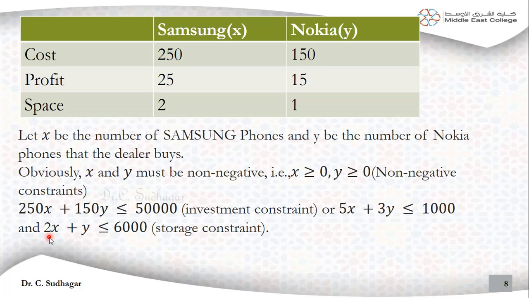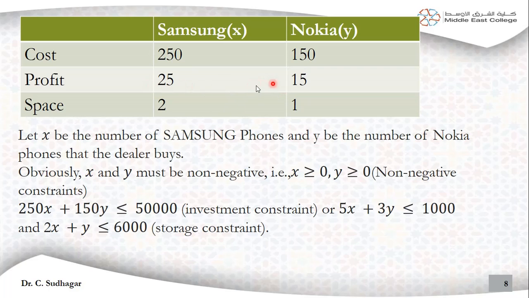Since the space is given in terms of Samsung phones, we multiply 3000 into 2, which gives 6000. So 2x plus y less than or equal to 6000, that is the storage constraint. So we have listed all the constraints: non-negative constraint, investment constraint, space constraint.